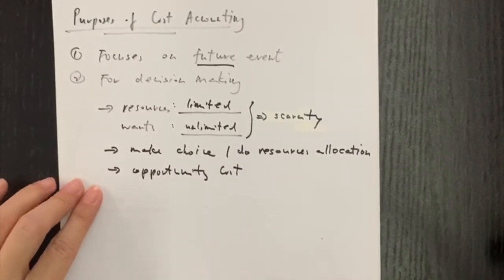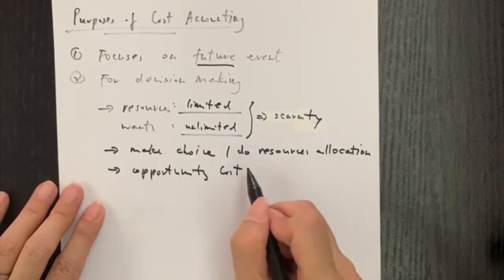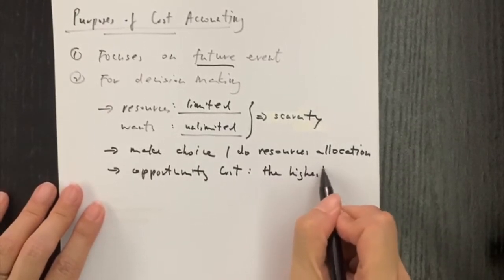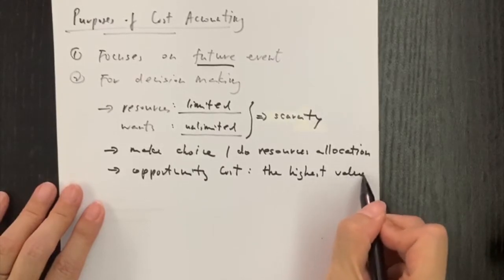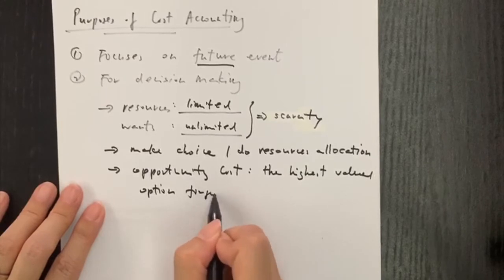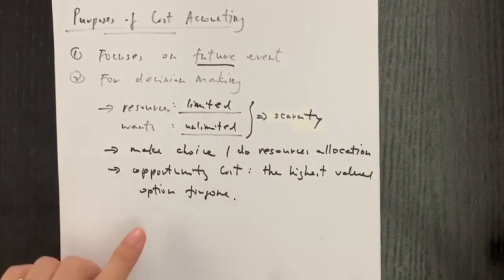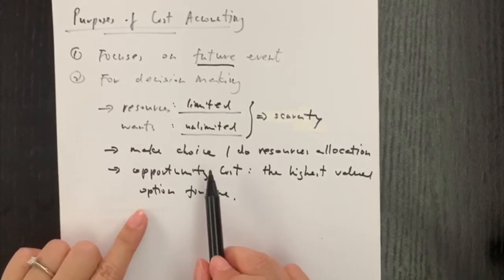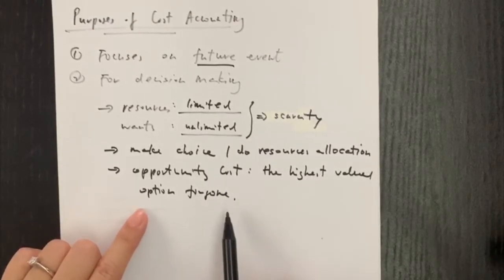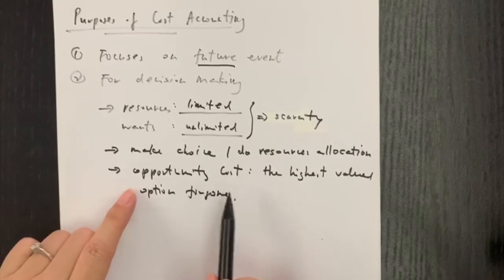We study opportunity costs, and the definition for that is the highest valued option foregone. Okay, so whenever we have to make choices, we will forego something, and the highest value option being foregone, we call that opportunity costs.